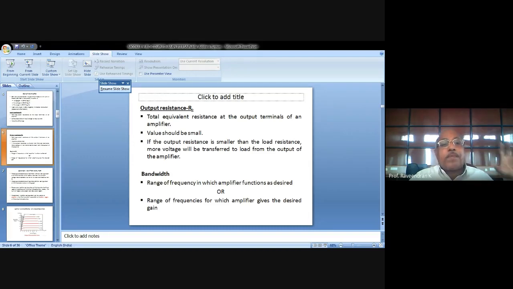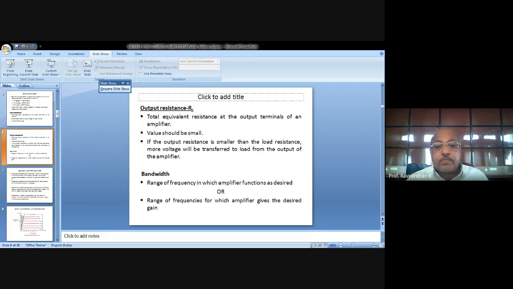Because we want to operate that particular device as an amplifier. For amplification, in a CE configuration, you have to forward bias the base emitter junction and reverse bias the collector base junction. That is the operating condition of the transistor in the CE configuration. That is why it is called a CE amplifier.